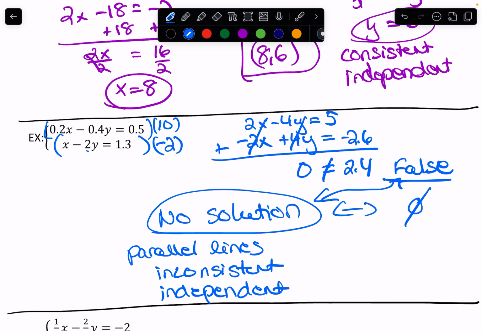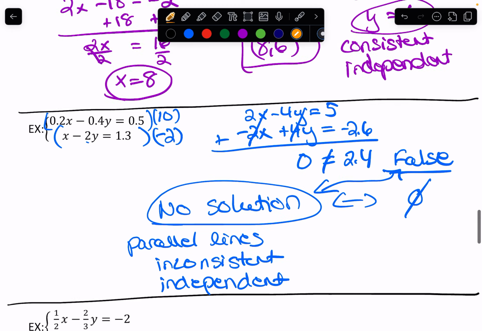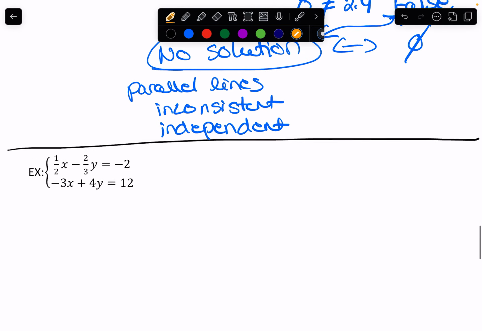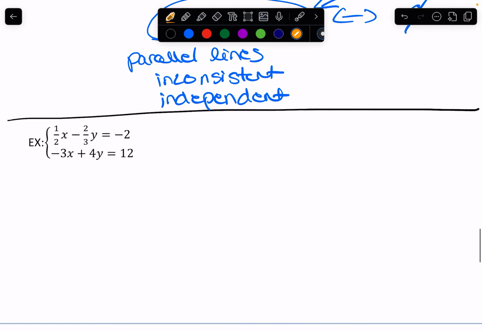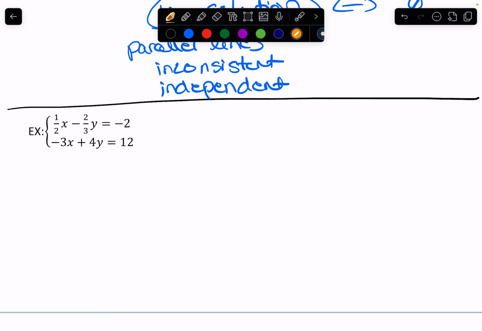Okay, let's look at our last example here. So what I'm going to do here is, in order to make this a 3, so opposite of what we've got down here, I'm going to multiply it by 6, the top one. And that way I get rid of those fractions as well.